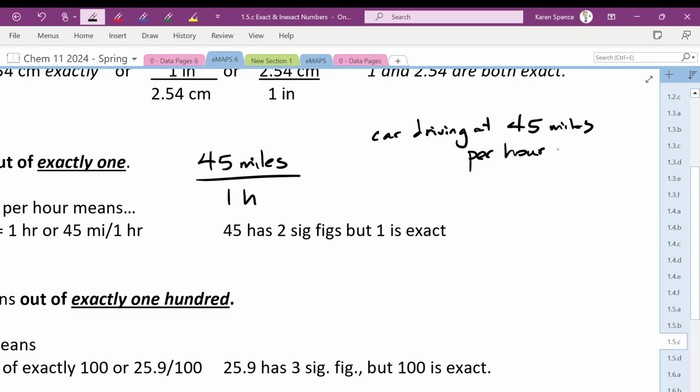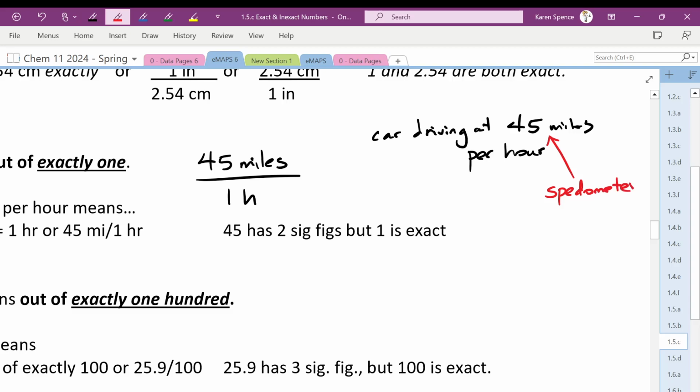Approximation. It's an approximation. How did you know that it was driving at 45 miles per hour? What did you look at? You looked at your speedometer. Are you making a measurement? Yes. Okay. So you get this from the speedometer.